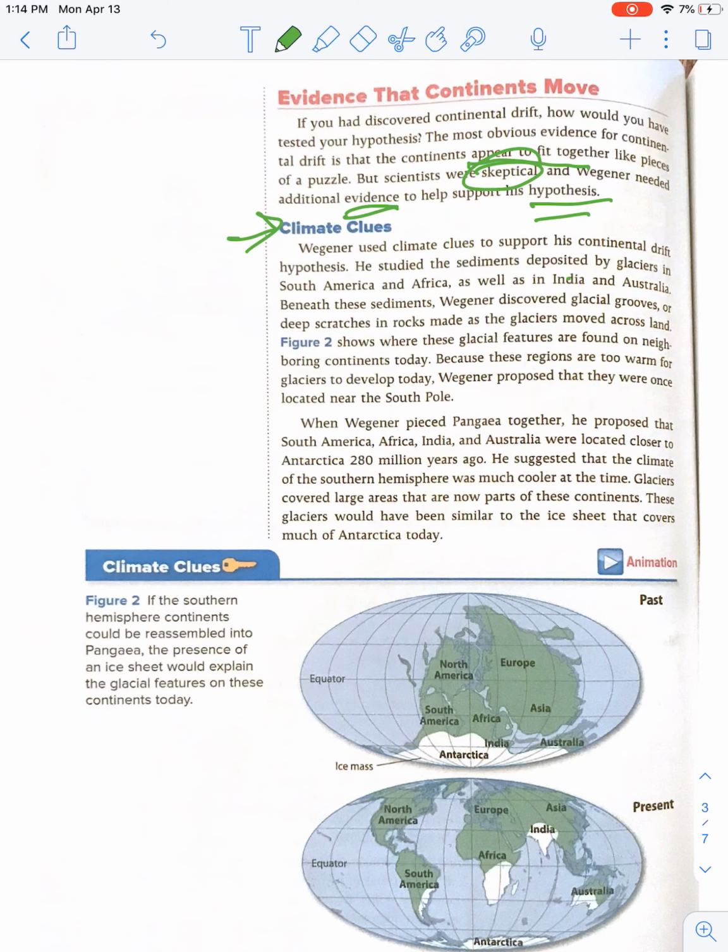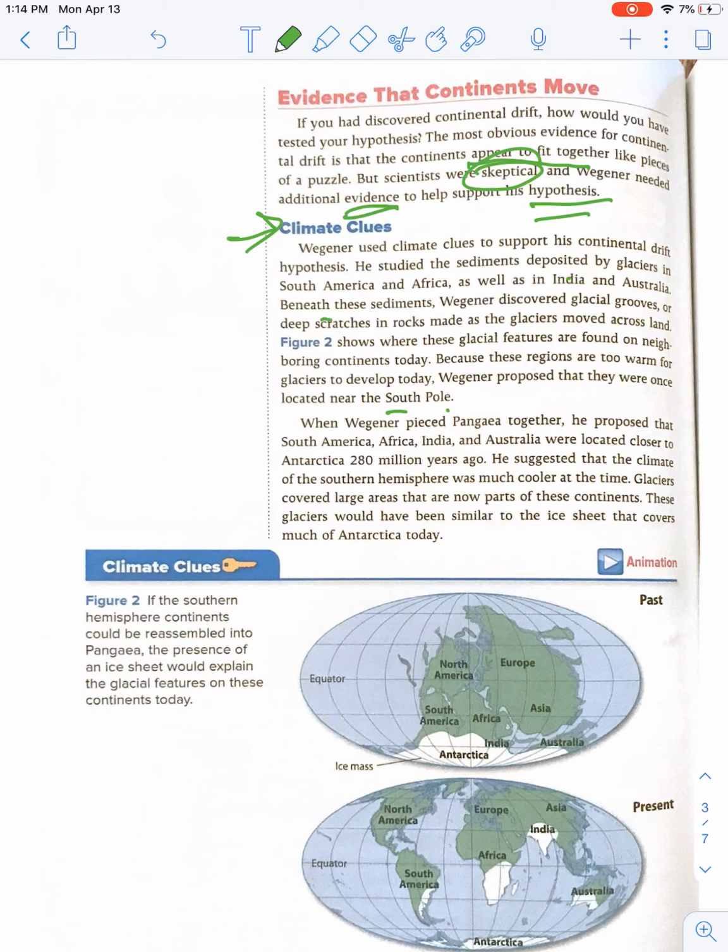Beneath these sediments, Wegener discovered glacial grooves, or deep scratches in rocks made as the glaciers moved across land. Figure 2 shows where these glacial features are found on neighboring continents today. Because these regions are too warm for glaciers to develop today, Wegener proposed that they were once located near the South Pole.